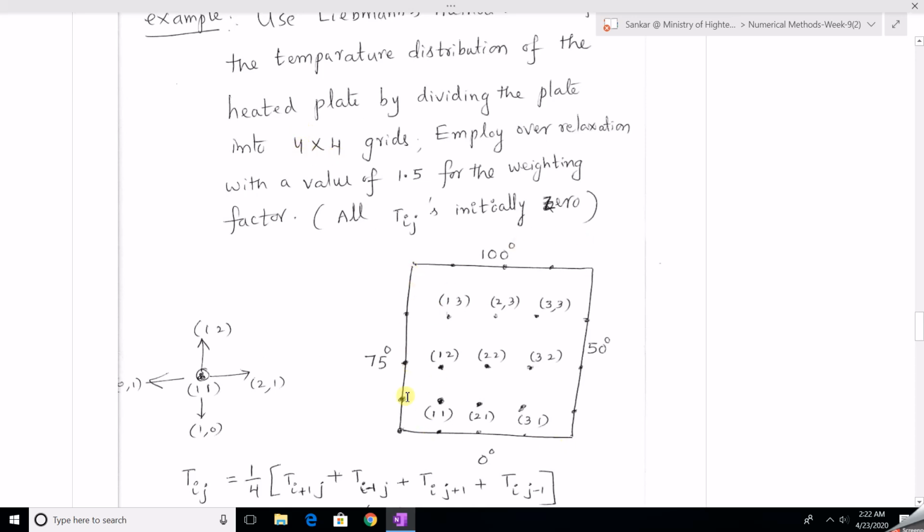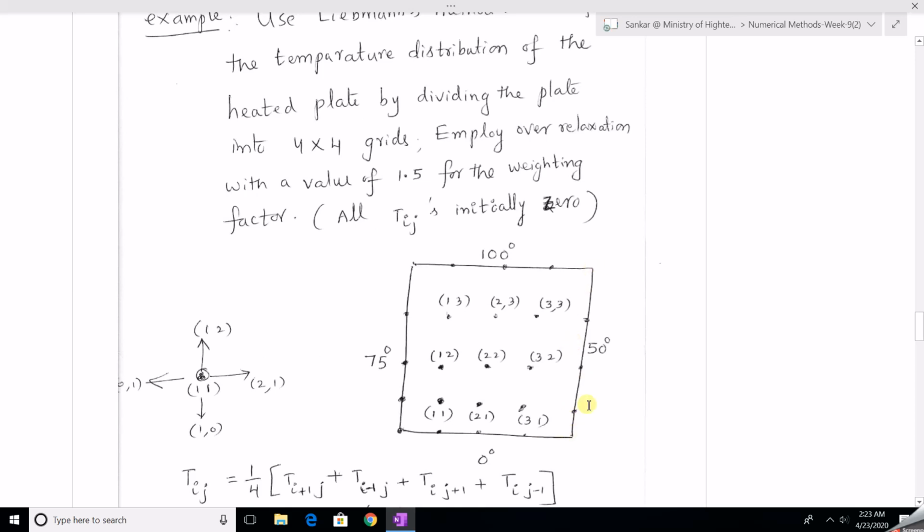Now the temperatures on the edges are given. This is 0 degrees on this edge. That means the temperature at point 0,0 is 0, at 1,0 is 0, at 2,0 is 0, at 3,0 is 0, and at 4,0 is 0.